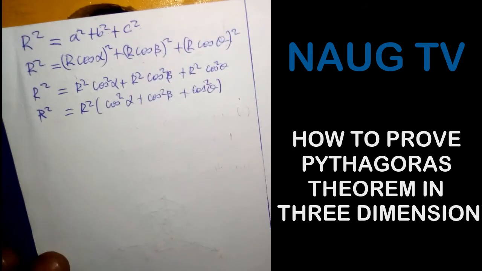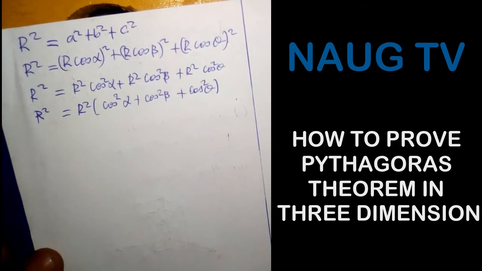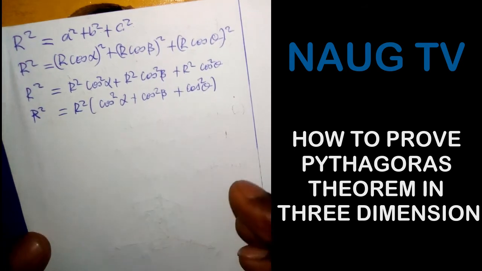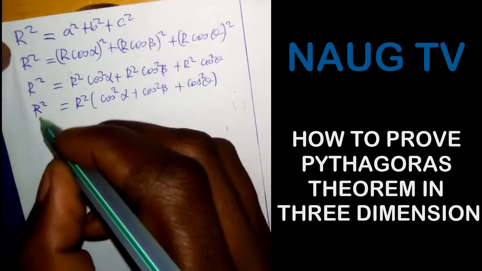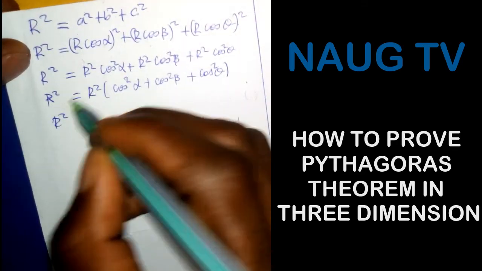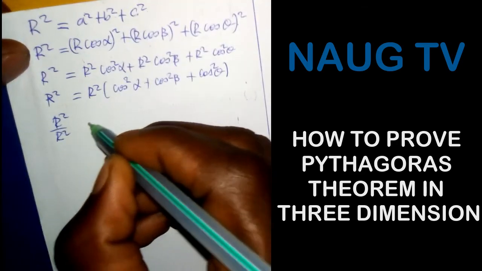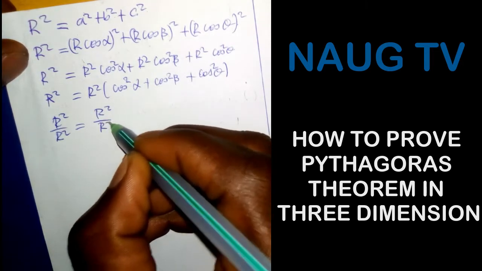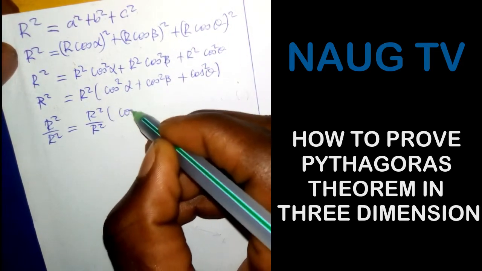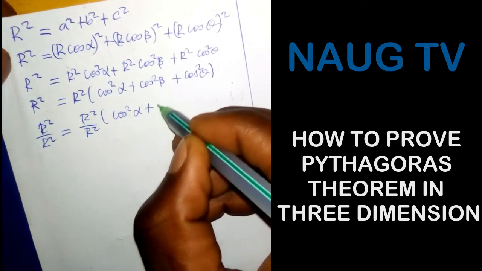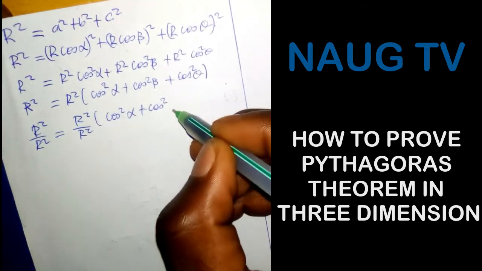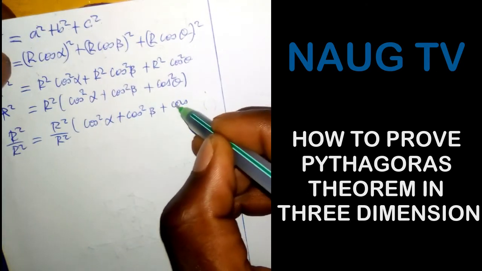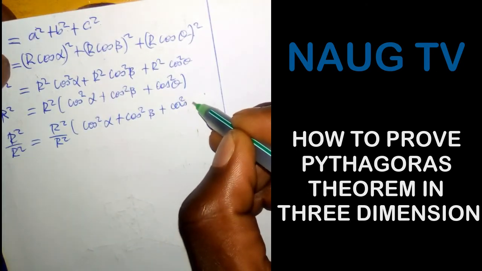Yeah. So divide by R squared on both sides, and you will get R squared over R squared equals R squared over R squared times cos squared alpha plus cos squared beta plus cos squared theta.